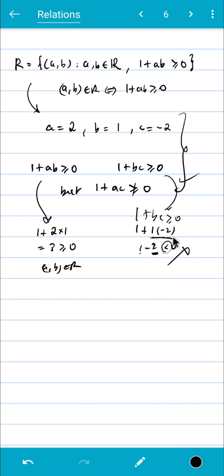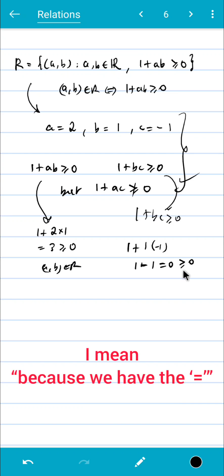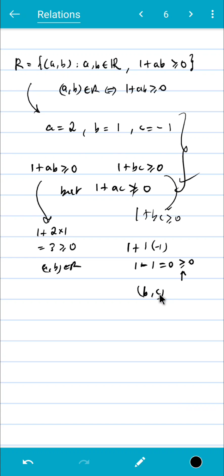To overcome this, I take c to be minus 1. Now see what I get here. 1 plus bc, b is 1, c is minus 1, and I get 1 minus 1, that's 0. It is still greater than or equal to 0. So this (b, c) is in R.